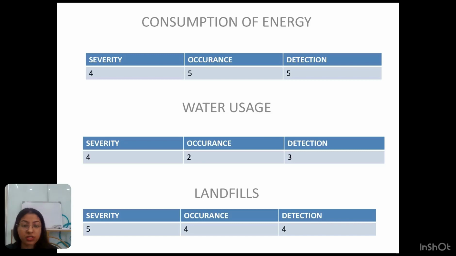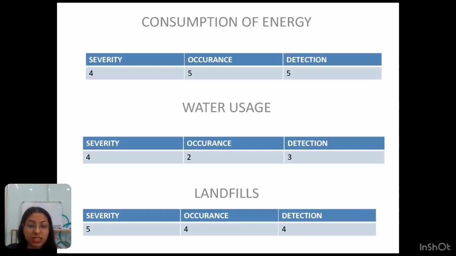Detection is 3. It might not get detected very frequently because a lot is wasted, and you might not count every drop of water that is used or wasted.